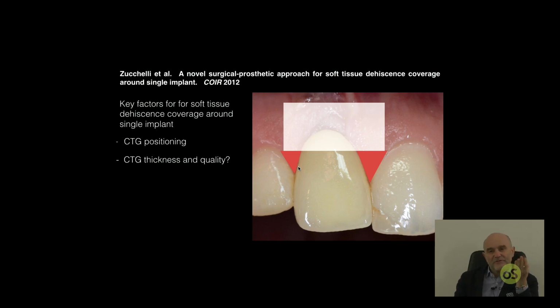And how can you increase the area of blood supply at the level of the papilla?